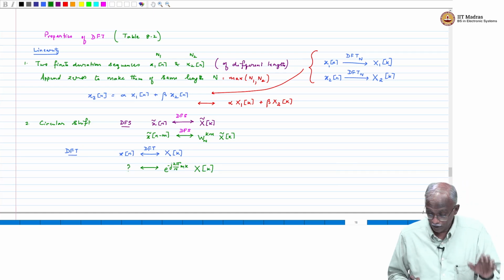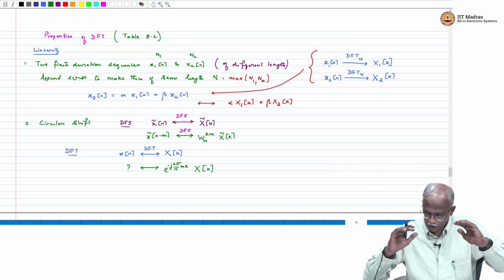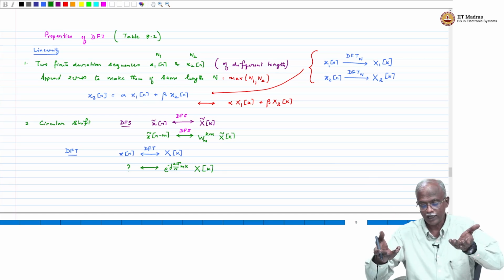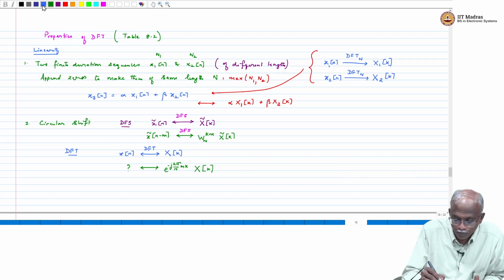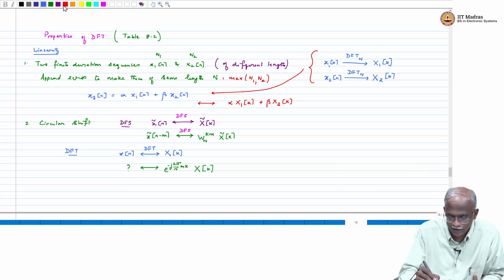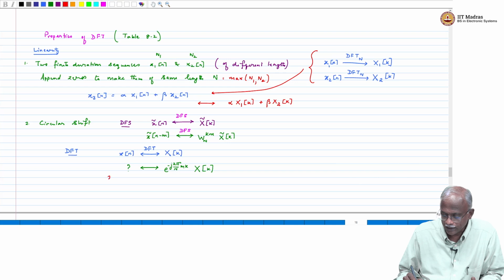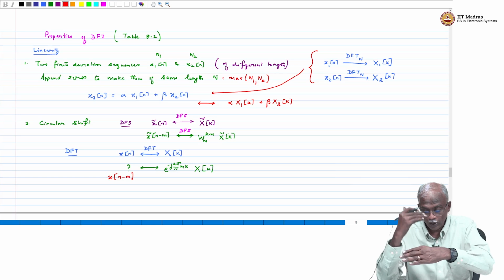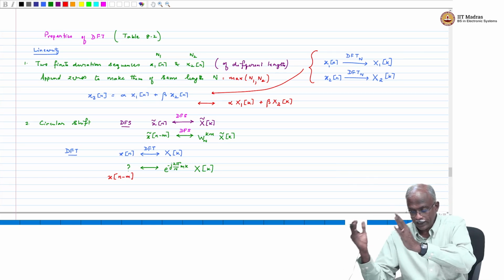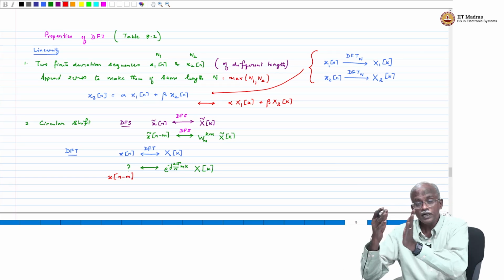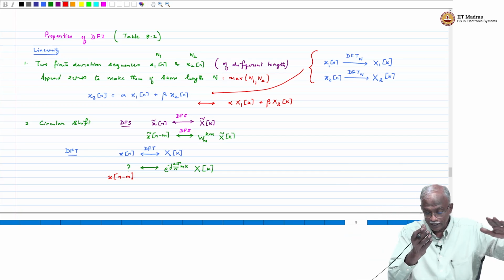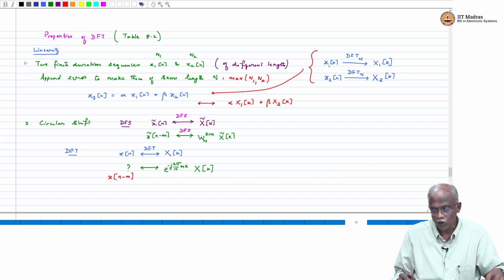Now, you can say that x of n is derived from x tilde of n, and X of k derived from X tilde of k. So there is probably a tendency to say, I think this is going to be equal to x of n minus m. Am I right? Because x of n is one period of x tilde of n. If the corresponding X tilde of k multiplied by this complex exponential relates to x tilde of n minus m, this should also hold.